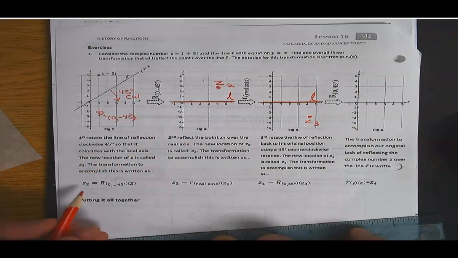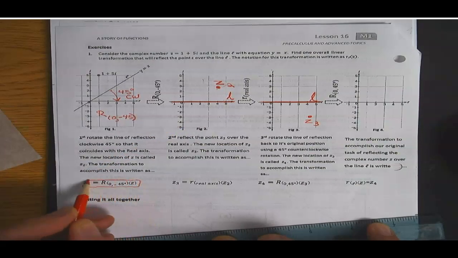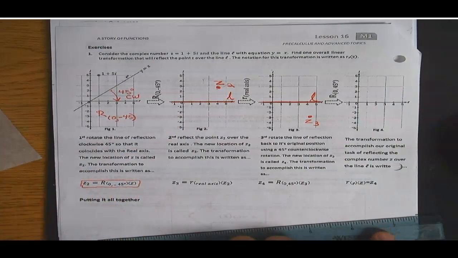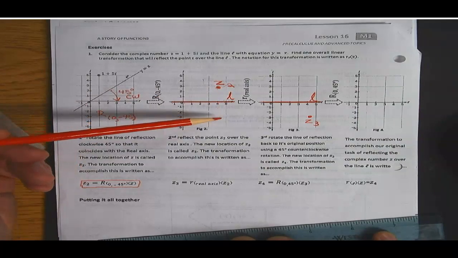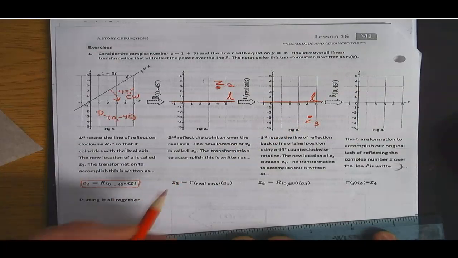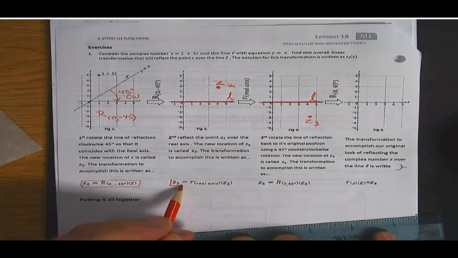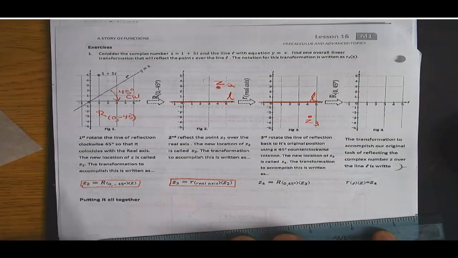Okay, so that's how you got Z2 right there. Then we took Z2 and we flipped it over the real axis and we got Z3. That's this right here.